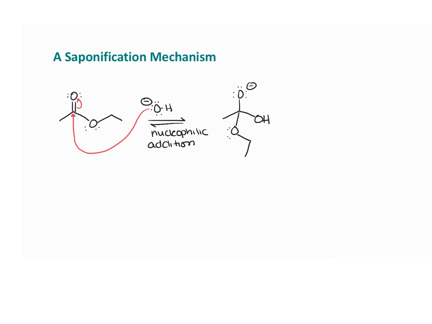Now we're going to have a nucleophilic elimination reaction, which is our tetrahedral collapse. Your book calls it a nucleophile elimination, so I'm trying to change what I say. These electrons are going to go down here, and then this group is going to leave.